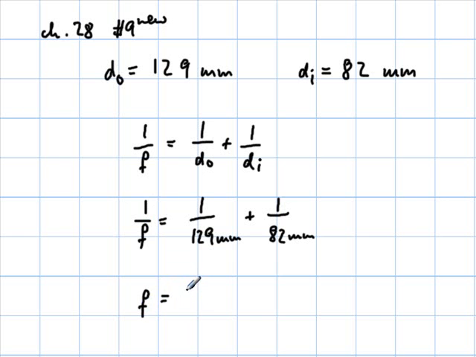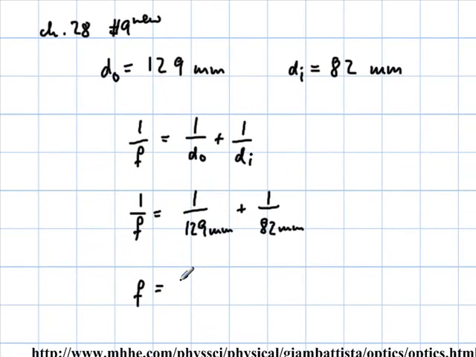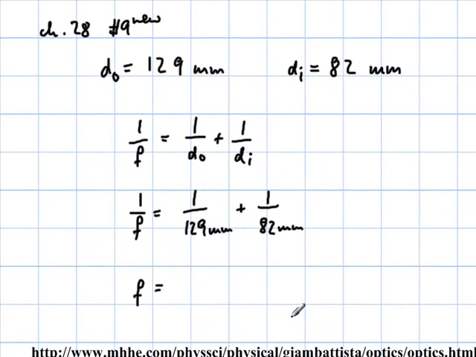That's a typical mistake that is made, to forget that. And I'll show you what I come up with, a remedy to that. When I do that, I come up with millimeters again. If I have a denominator here in millimeters, and a denominator here in millimeters, the units stay the same on the right hand side, and it means I also have to have millimeters on the left hand side.